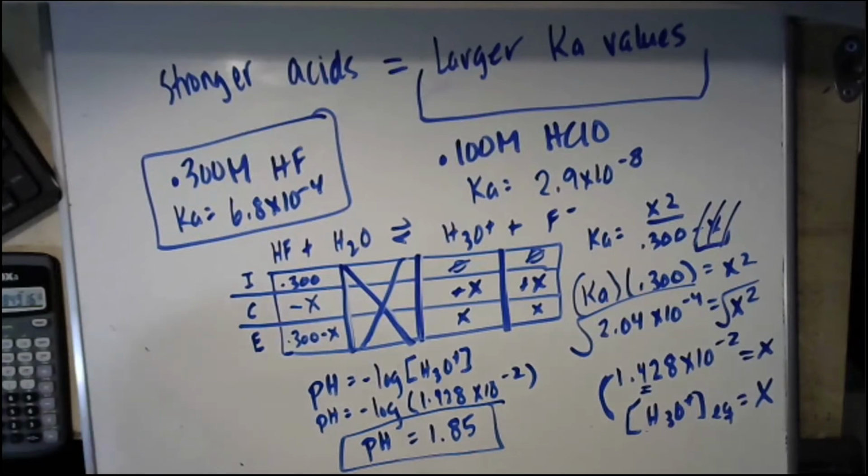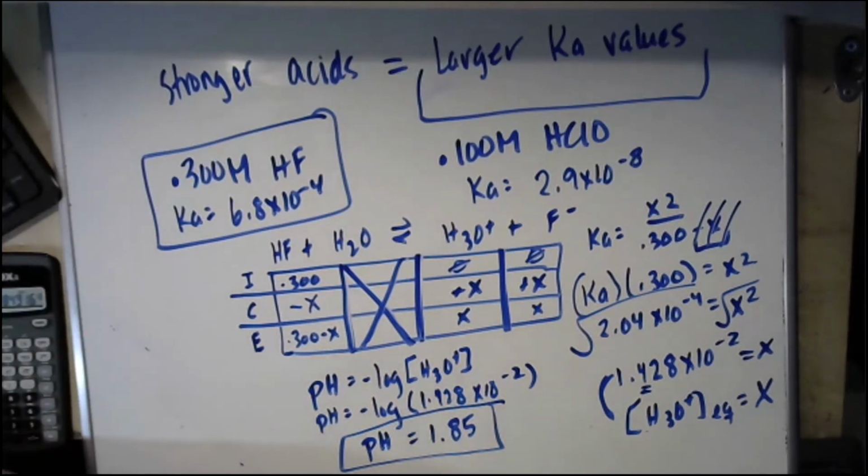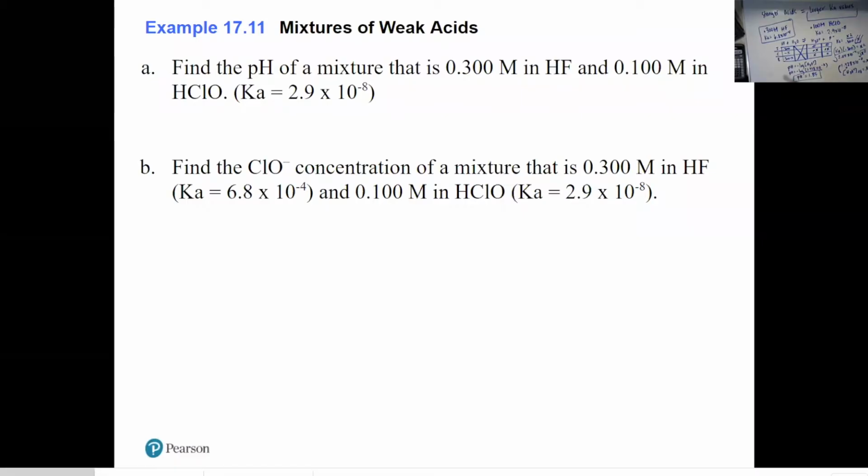Okay, now we're going to look at the second part of this question, which I thought was interesting. That's why I included it. Let's put it back up there. If we're mixing these two things together, they're asking us to find what the concentration of that ClO minus ion would be. So we still have the same mixture, but we want to focus in on the ClO minus ion.